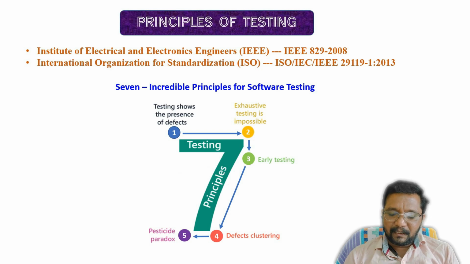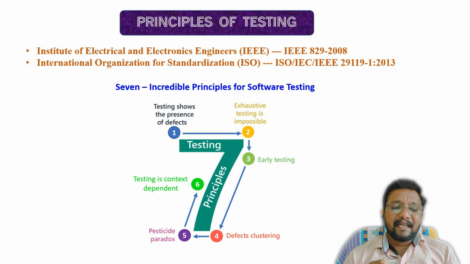Okay, right. The next, the last but one, is the sixth principle, that is testing is context dependent. Context dependent in the sense what? For example, we are working on an e-commerce project. The testing process is different. When we are working on a banking project, the testing process is different.